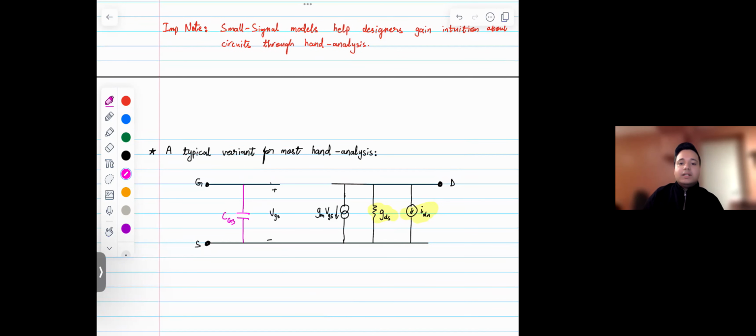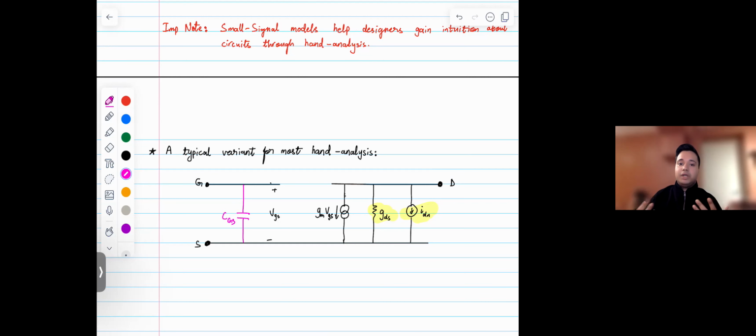For real life analog design, it's usually not as simple. But again, as an analog designer, you should have the understanding of which one of these things are important. So if Cgs is important to you, then include that. If noise is important to you, include that.